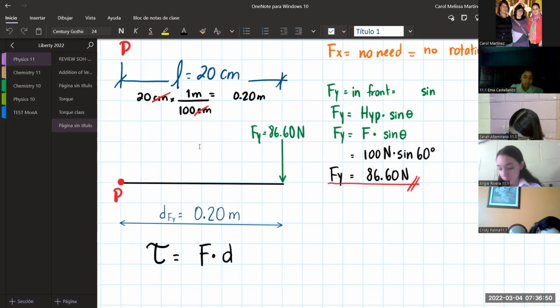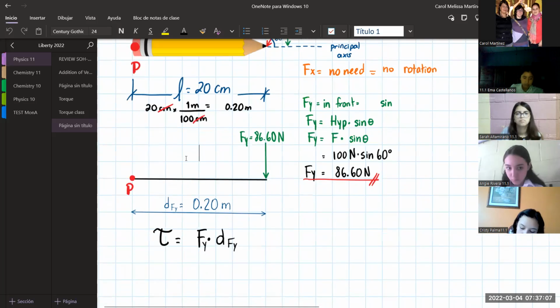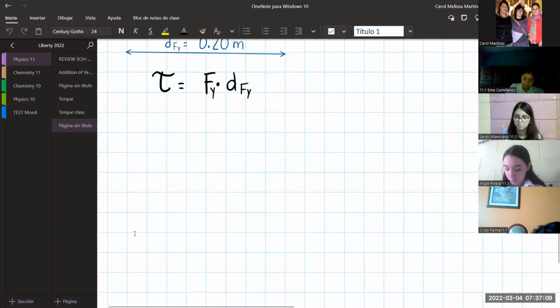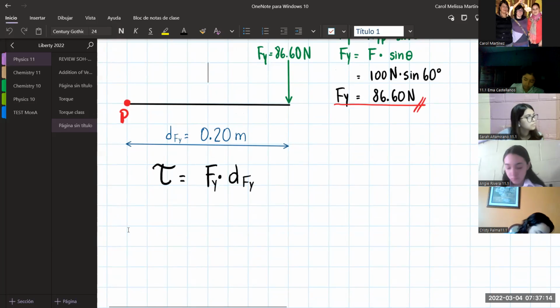Fy is going to be the force with the lever arm, or just F and D. If you don't want to be too fancy with the formulas, you can do it like that.